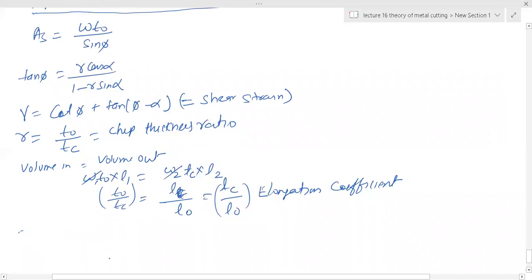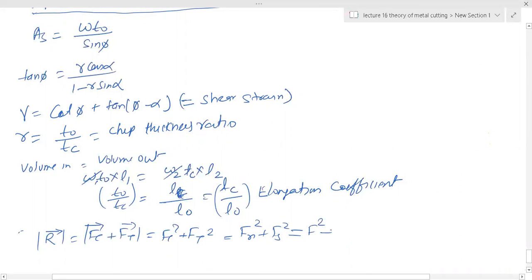Then R, I am writing magnitude only. Fc plus Ft, or we can say Fc square plus Ft square is equal to Fn square plus Fs square, which is equal to R square.